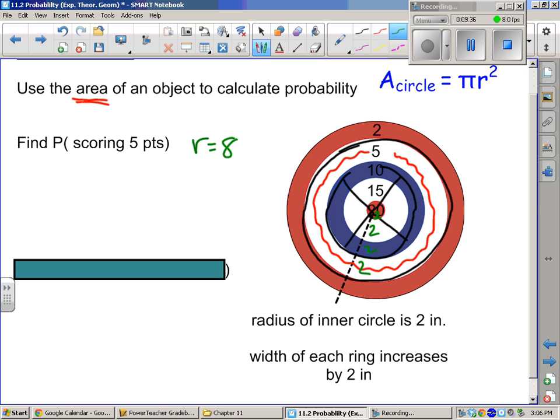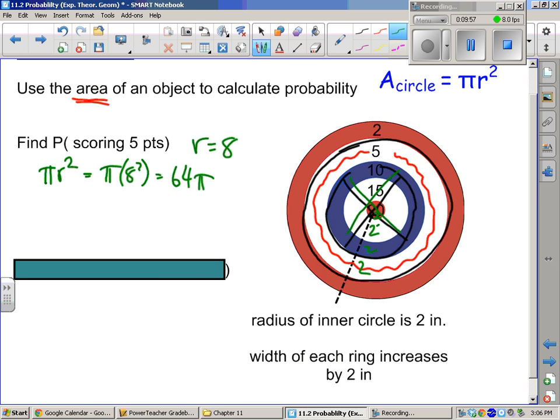So let's figure out the area of that. We use the formula pi r squared. So that will be pi times 8 squared, which is 64 pi. You mean I don't have to do the pi button? No. Okay, hold off on that. Something special is going to happen. All right, and then we need to remove the part that is X'd out in black.